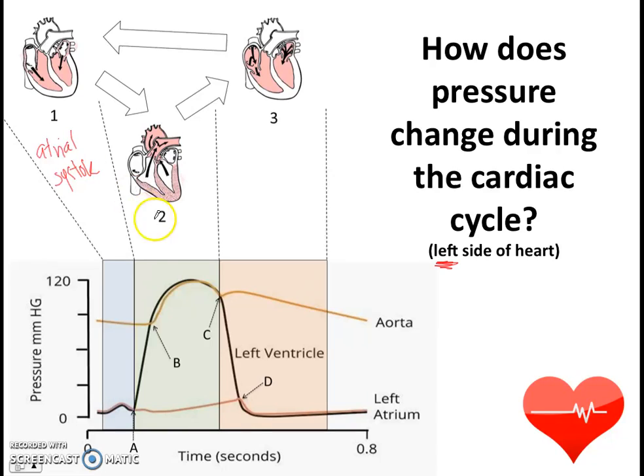The second part here in green is our ventricular systole. And finally, the last part in red is the diastole of both the atria and the ventricles. Now we're going to take a look at this in greater detail in each section, and I need you to try to pick up what the key events and key explanations are for each section.